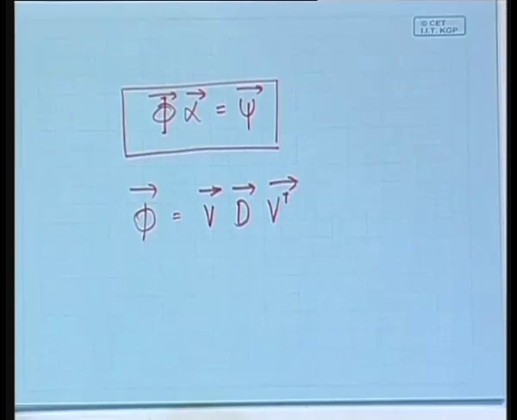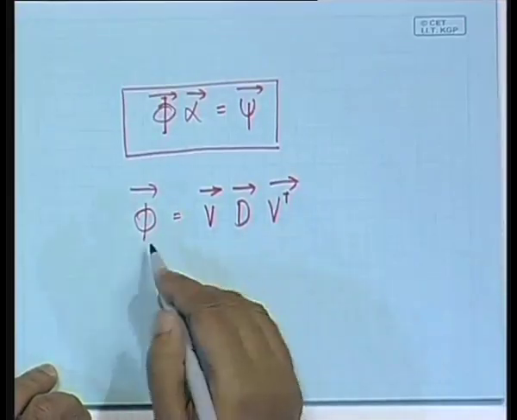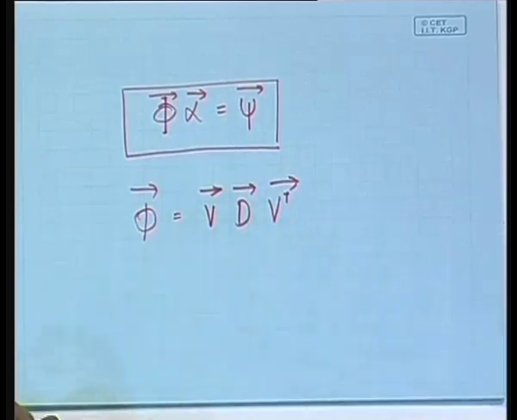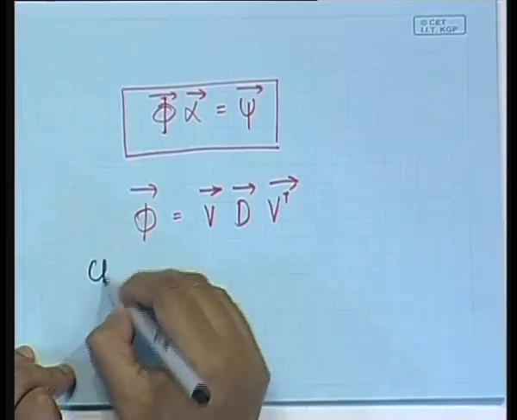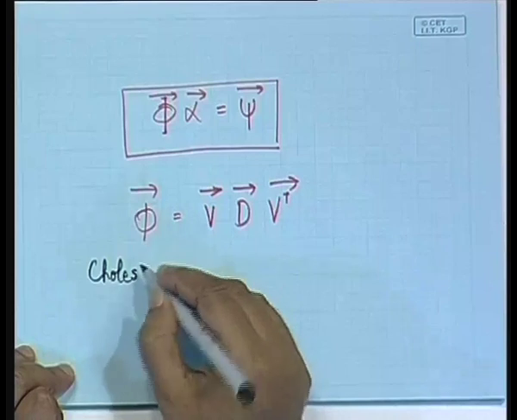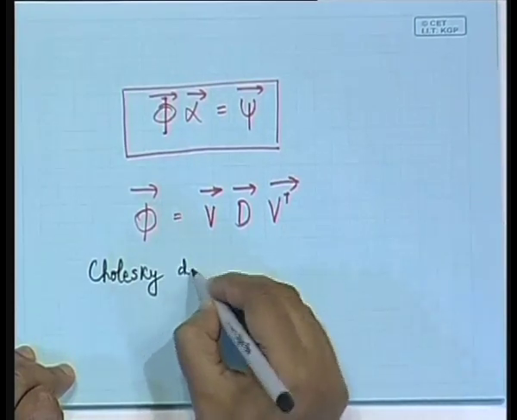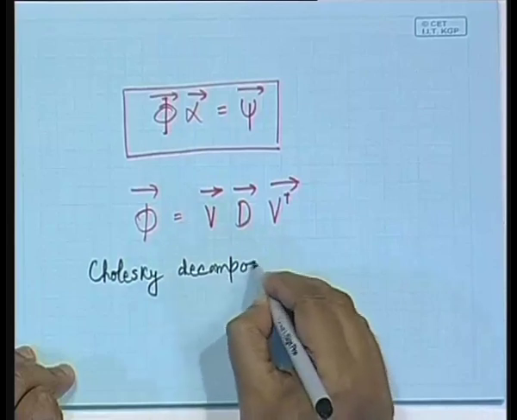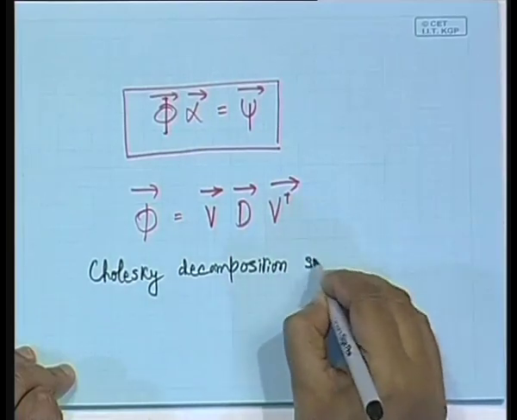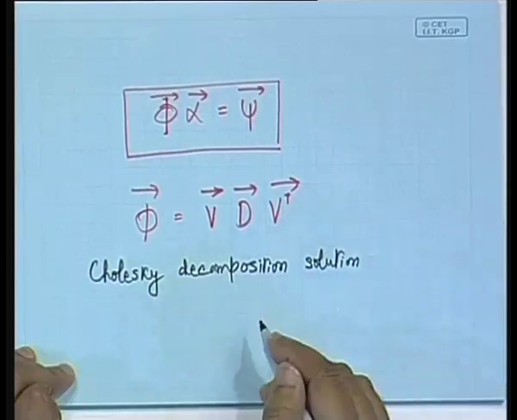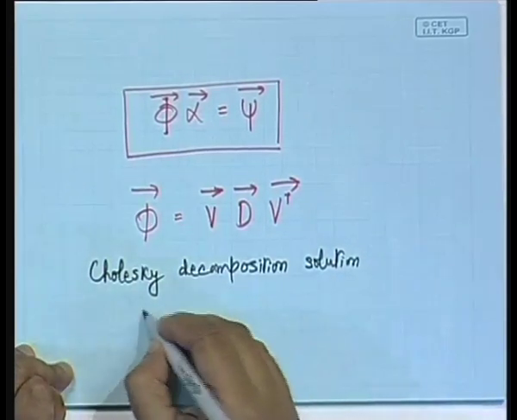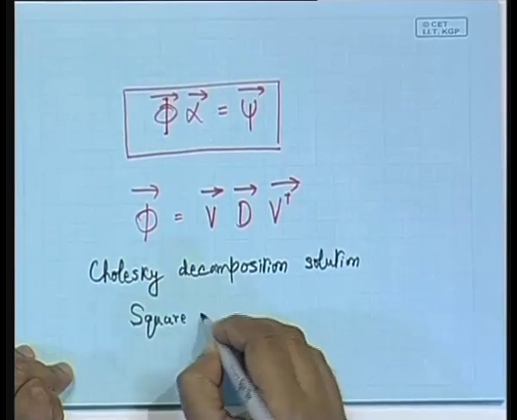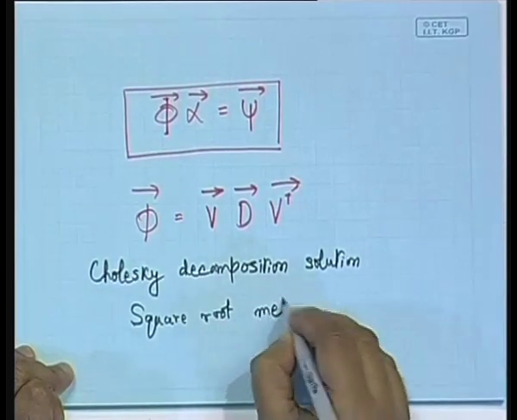So now what results basically is that this will be referred to as the square root approach. If I express the phi matrix in this form, then this decomposition form is known as the Cholesky decomposition. So this is referred to as the Cholesky decomposition solution of the covariance method, or this is also popularly known as the square root method.